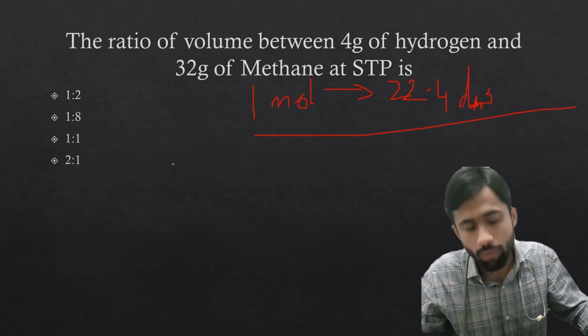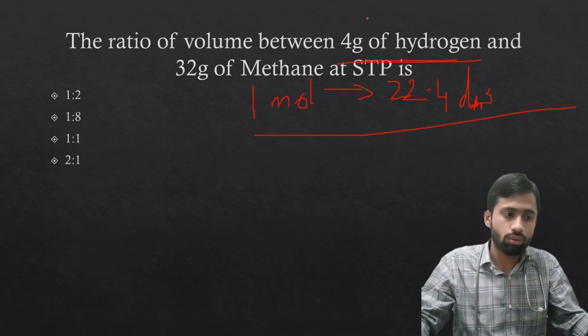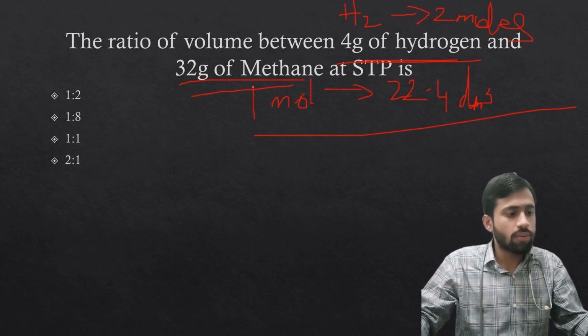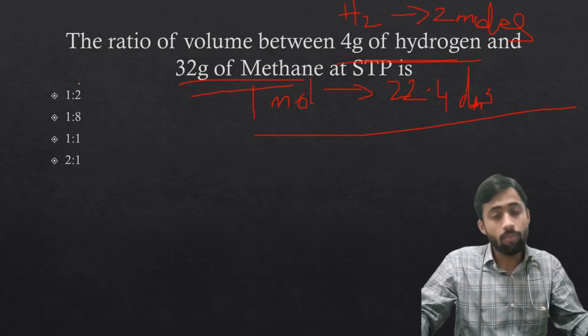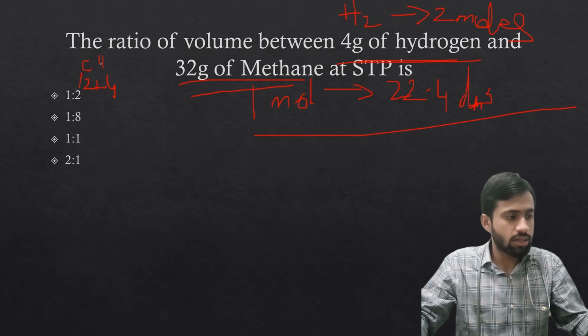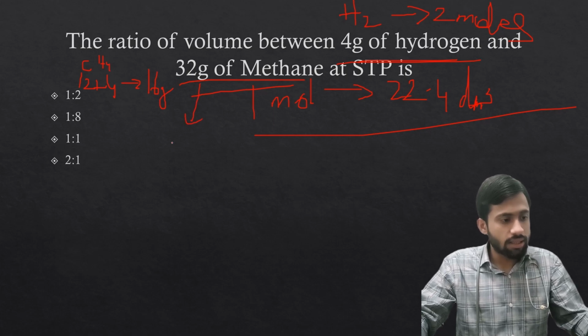So 4 gram of hydrogen gas will be equal to 2 moles, while 32 grams of methane, what is the molecular mass of methane? CH4, 12 plus 4 makes 16 grams. Now 32 grams means that this also consists of 2 moles.